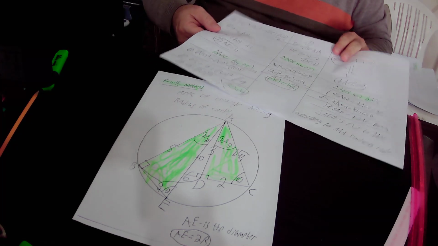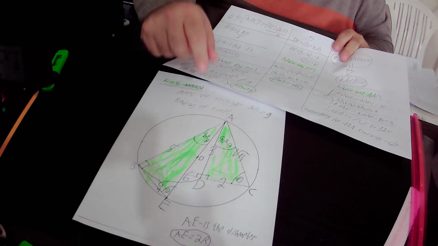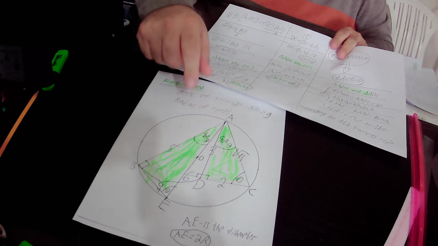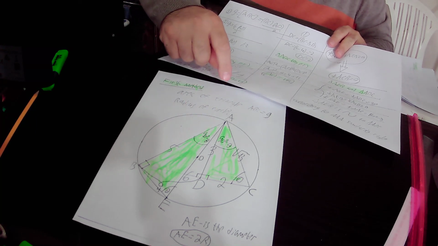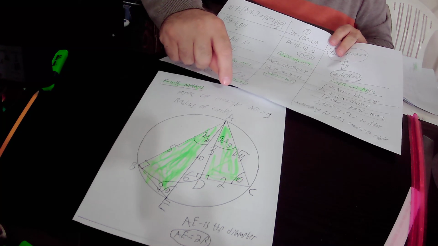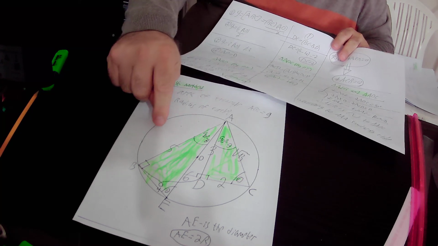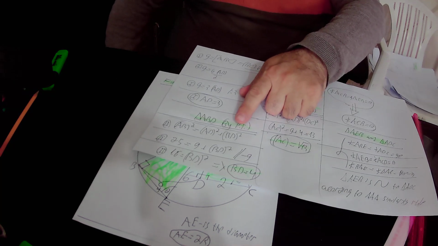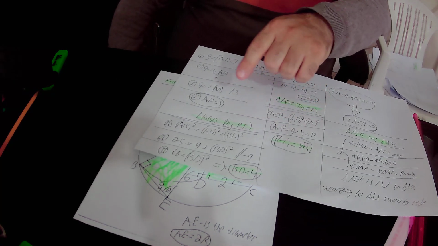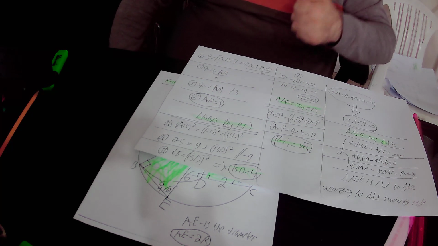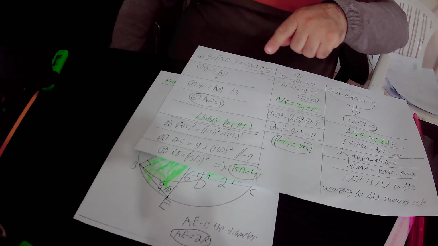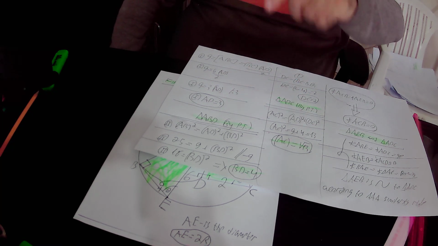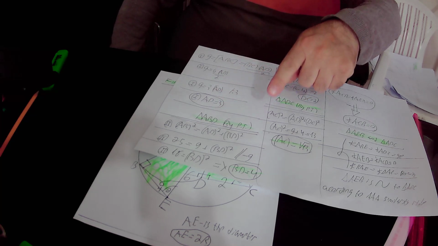Then we focused on the right triangle, triangle ABD. In this right triangle, according to the Pythagoras theorem, the square of the hypotenuse equals the sum of the squares of the perpendicular sides. That is to say, AB squared equals AD squared plus BD squared. AB equals 5, so AB squared is 5 squared, that is 25, plus AD squared. AD equals 3, so AD squared is 3 squared, that is 9, plus BD squared.